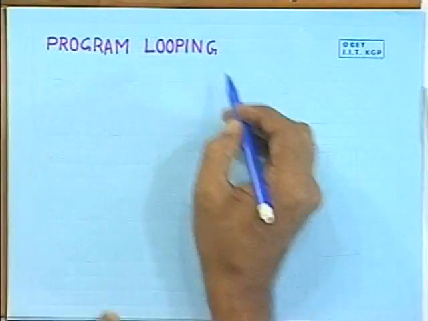Program looping is very important in writing software. If a subtask has to be performed repeatedly, then you take the help of a loop. You don't have to repeat the program for that subtask repeatedly.